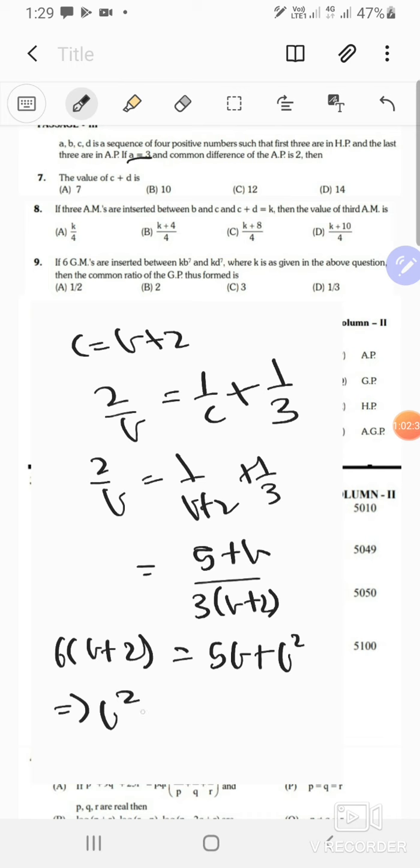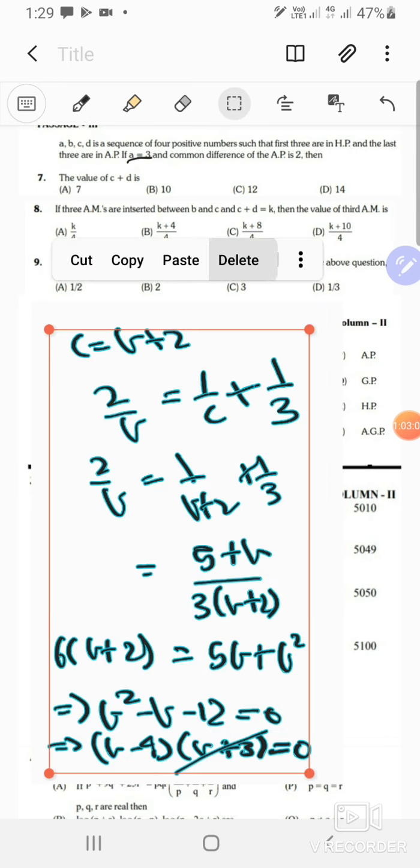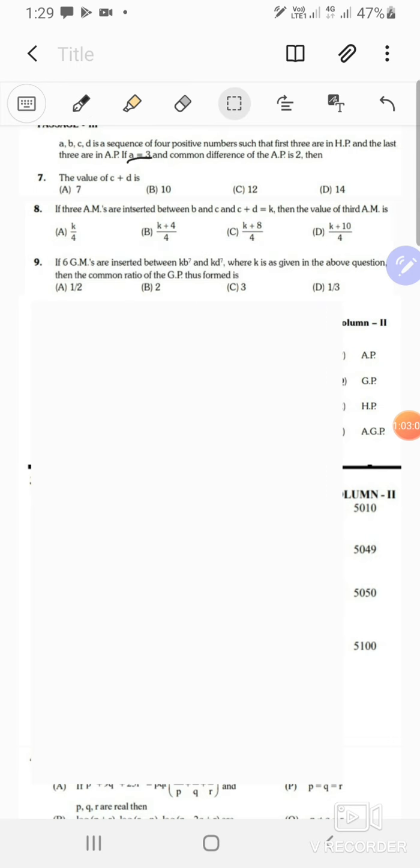That gives b squared minus b minus 12 equals 0. So (b minus 4) into (b plus 3) equals 0. Either b is 4 or minus 3, but it can't be minus 3 because b is a positive number. So b has to be 4.